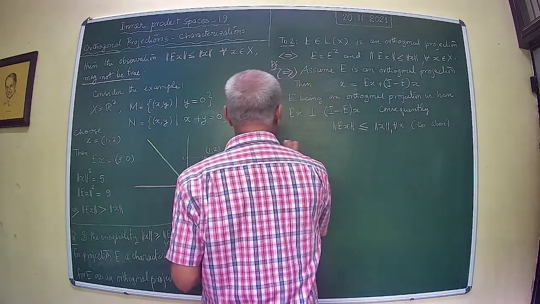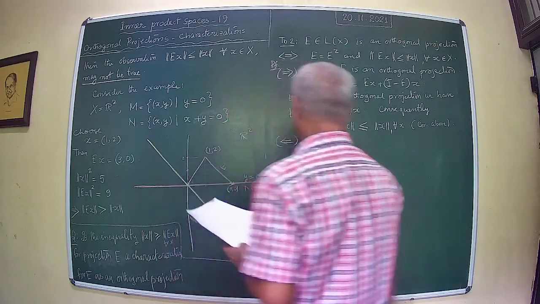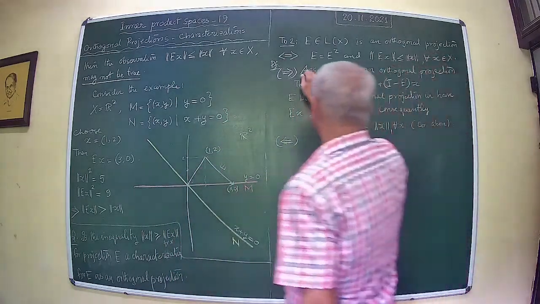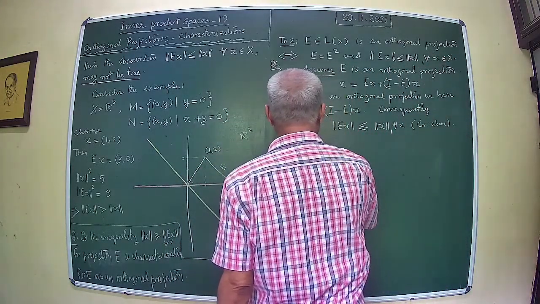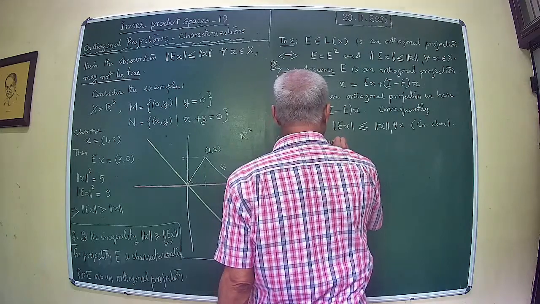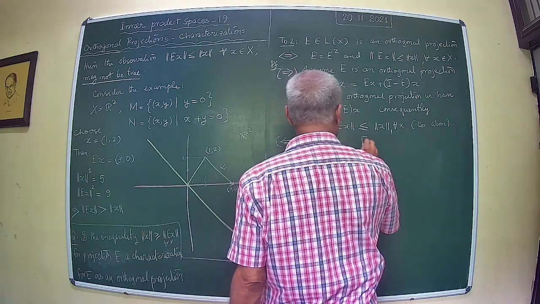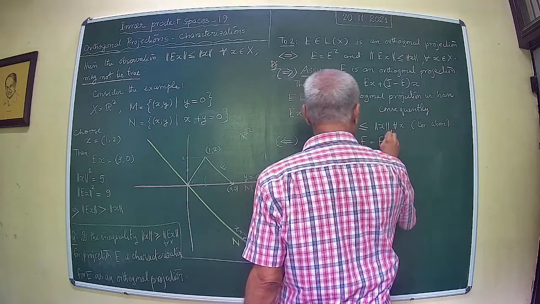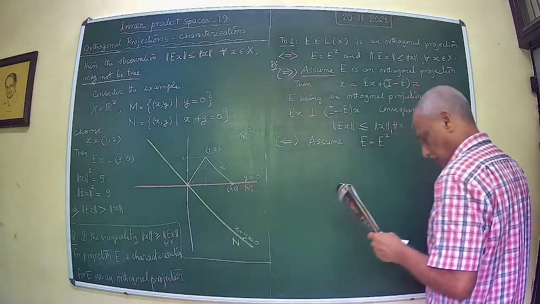Now we want to prove in the reverse direction. That means assume, what are the assumptions that we make? E equals E square and norm of Ex is less than or equal to norm of x.